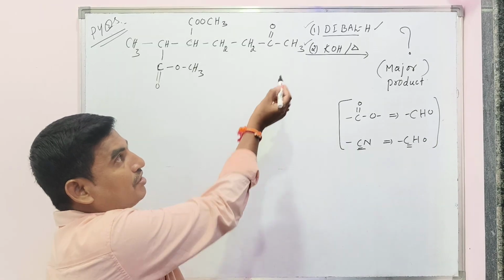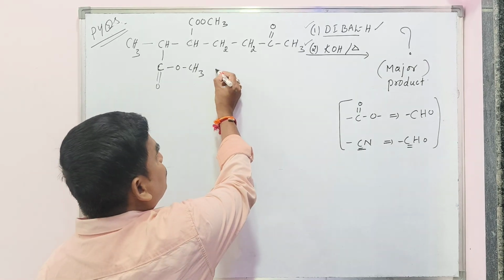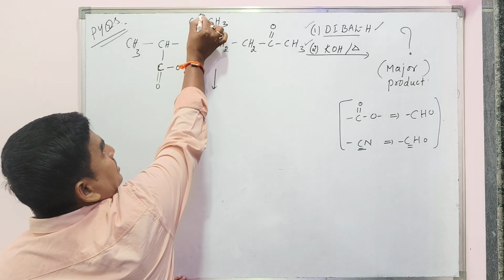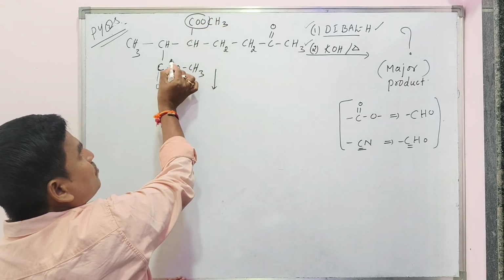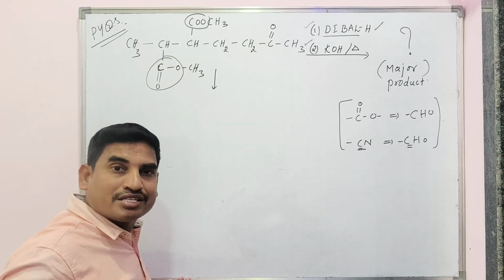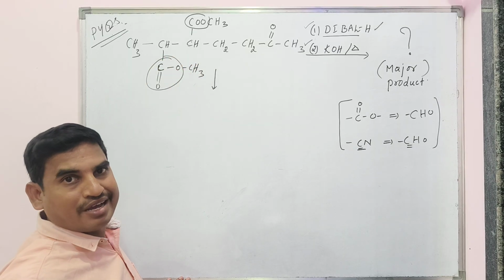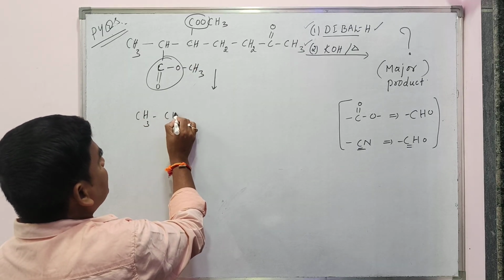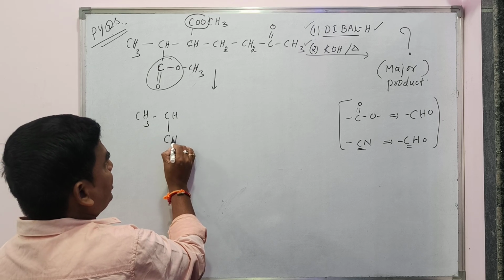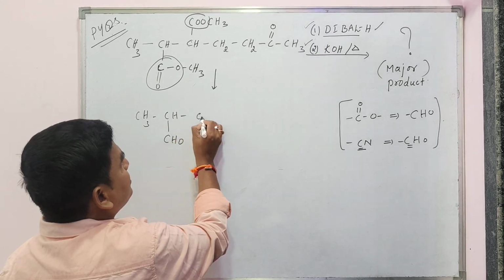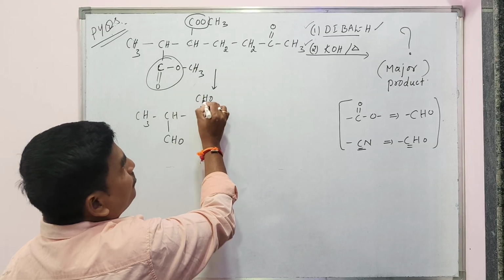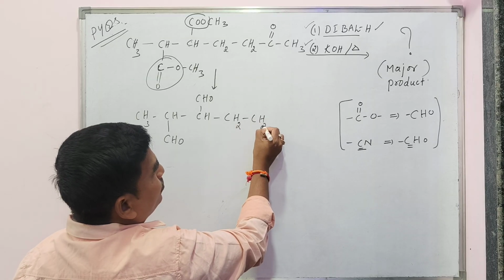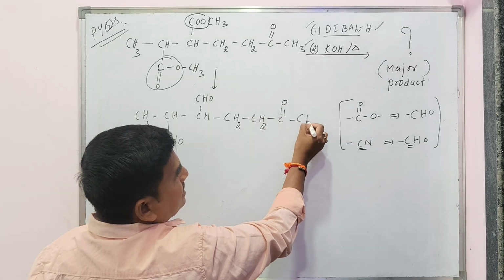First we have to apply the first reagent. With diisobutyl aluminum hydride, here is one ester functional group, and here also one ester functional group. Both ester carbons are converted into aldehydes. Now we can write the product: CH3 CH(CHO), then CH CHO, followed by CH2 CH2 C double bond O CH3.